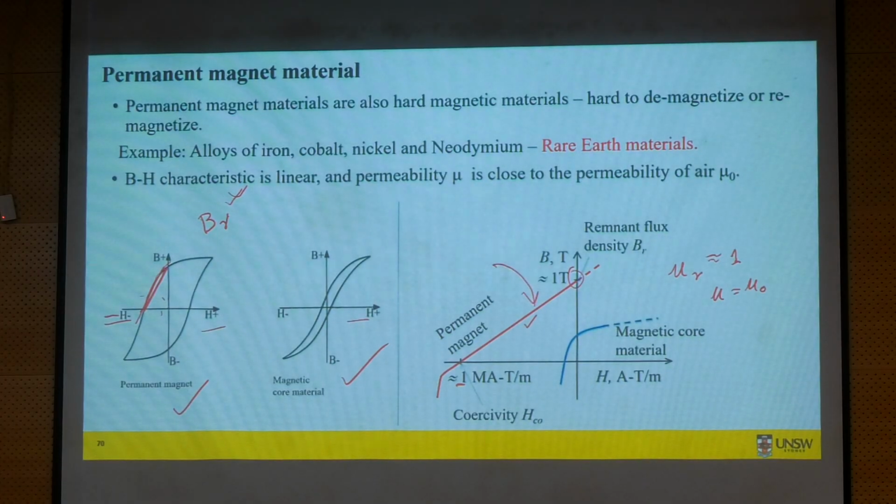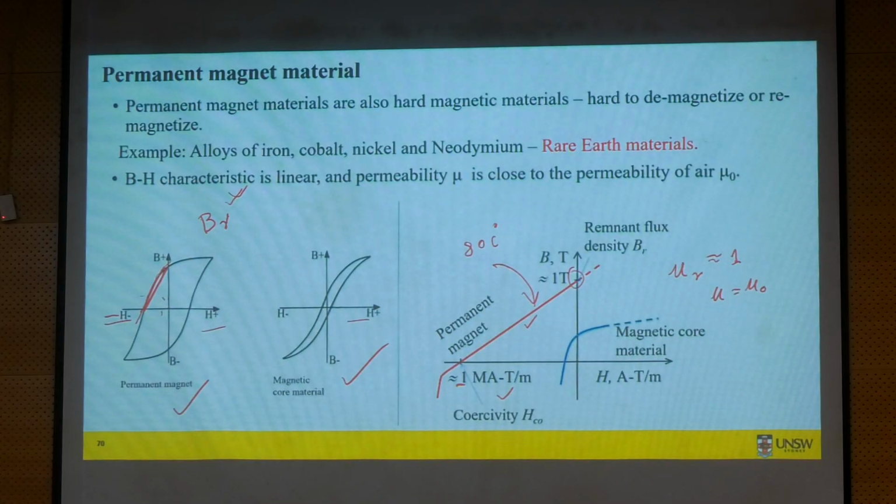It also depends on temperature. So this 1 megaampere per meter, the negative H, what we are seeing is for a particular temperature. It could be, let's say, about 80 degrees C for a common neodymium iron material.